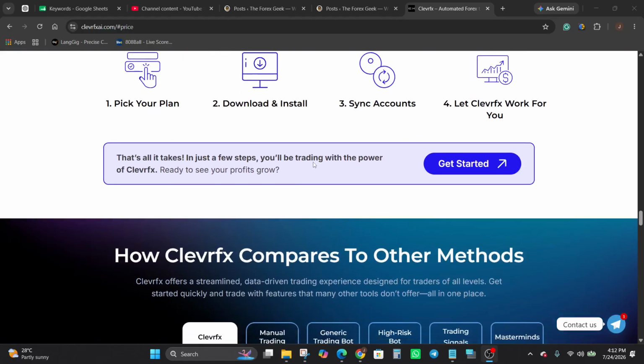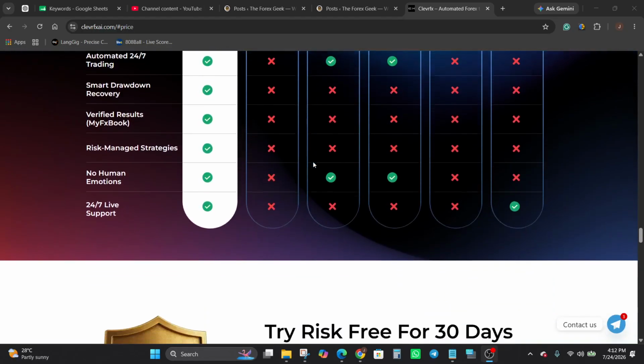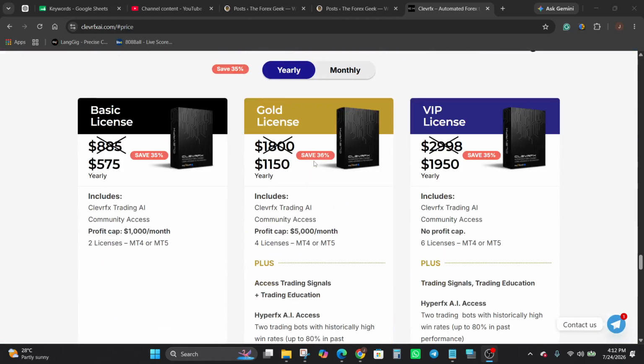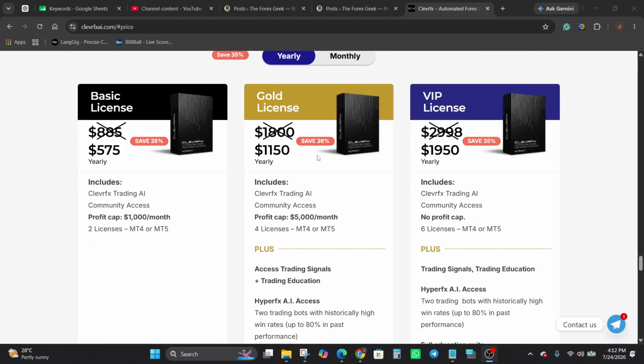Okay, so continuing down to the pricing tiers, the developer offers 3 options: basic, gold, and VIP. Each tier includes access to both MT4 and MT5 licenses. The basic tier supports 2 MT4 and MT5 licenses with a $1,000 monthly profit cap.